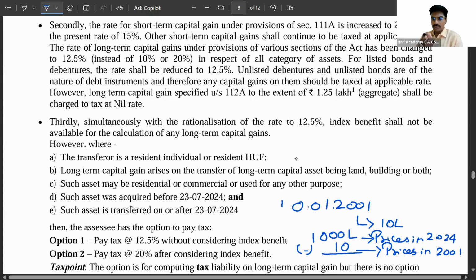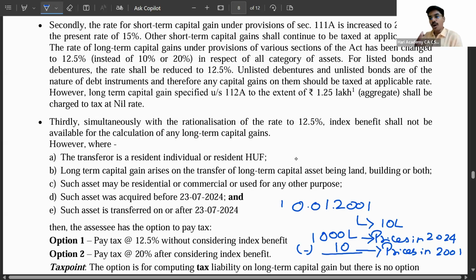Now what they have done is, they are doing away with this indexation benefit itself. So for all the properties which are sold after 23rd of July 2024, there is no indexation benefit. If you are going to acquire a property after 23rd of July 2024, there is no indexation benefit.